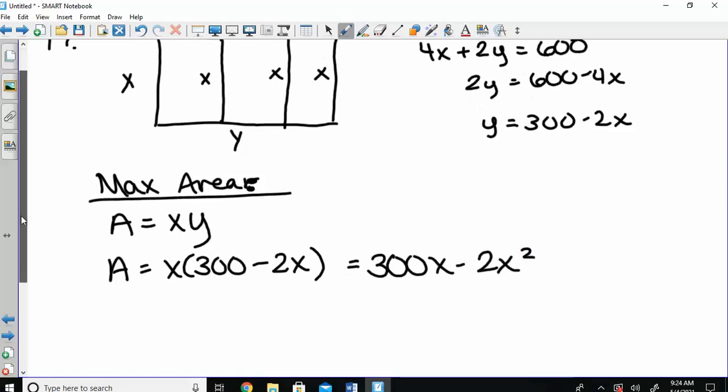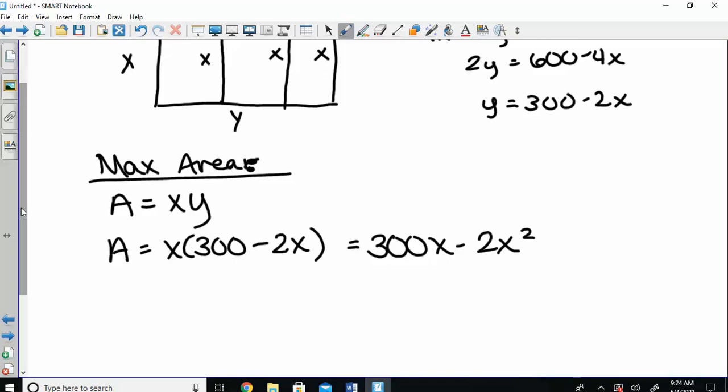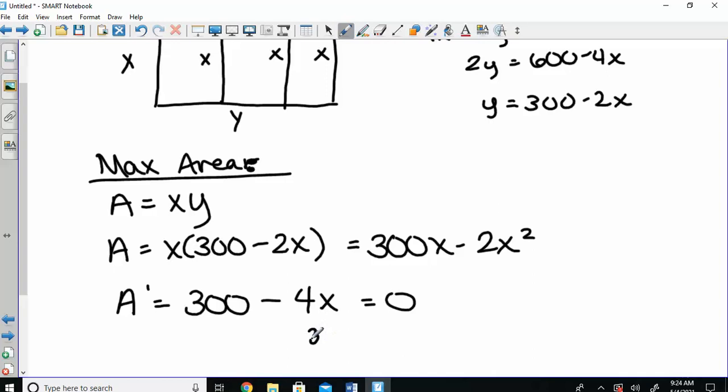Then, anytime I ask you for maximum or minimum, what am I asking you to do? Derivative. So the derivative of 300x would be 300 minus 4x. And to find the maximum or minimum, we set the derivative equal to 0. So divide, and we get 75.